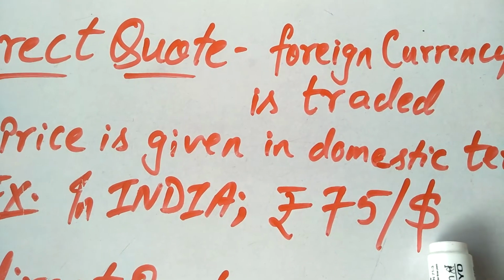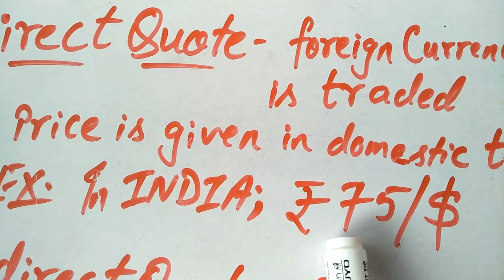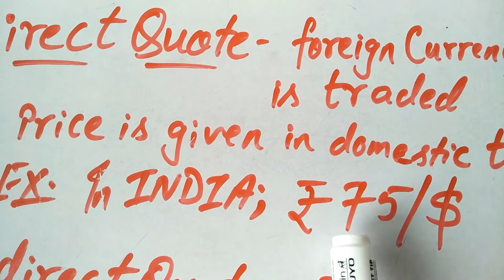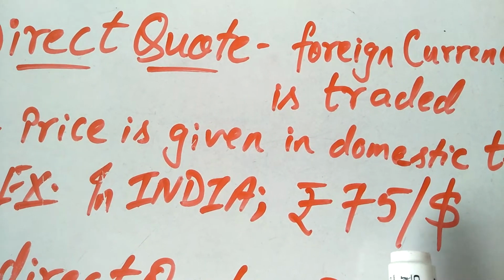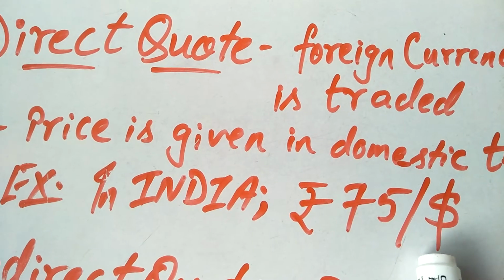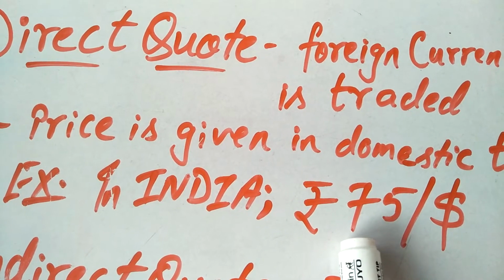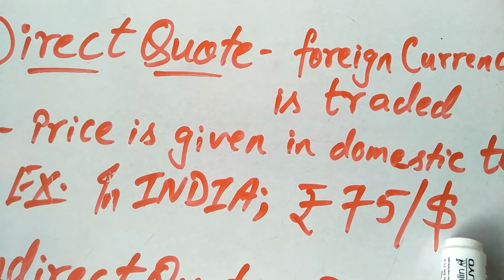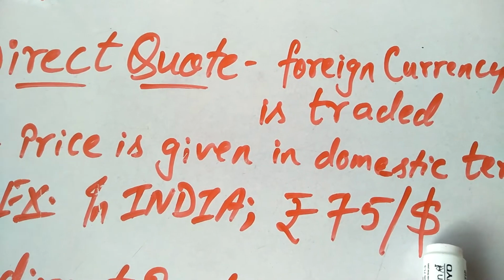Dollar is a foreign currency for India. If it is being bought and sold against 75 rupees, which is the domestic currency, then we call it a direct quote. To reiterate, a direct quote is when a foreign currency is being bought and sold against the domestic currency, or the quoted currency is the domestic currency and the base currency is a foreign currency. In such a case, we call it a direct quote.